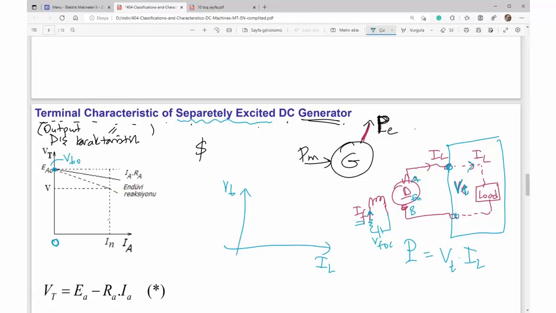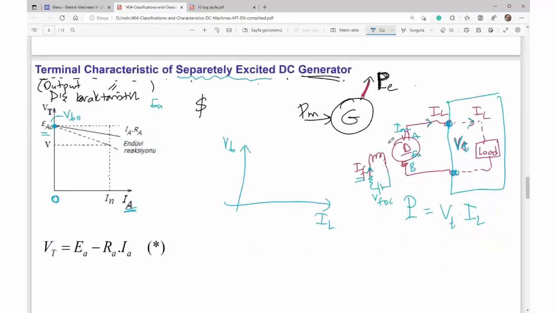Since it is a separately excited machine, load current is equal to armature current in this case. So here you see armature current. And across the terminals in the beginning, you observe armature EMF, EA. And then here's the equation. Write Kirchhoff's voltage law around this loop.